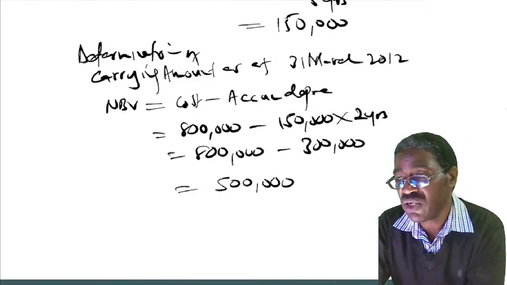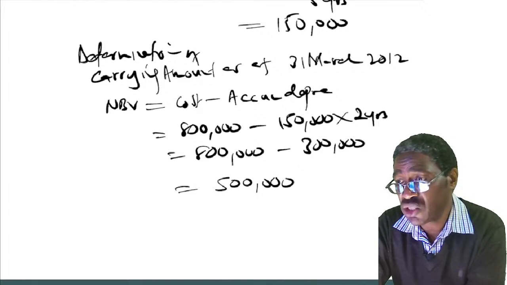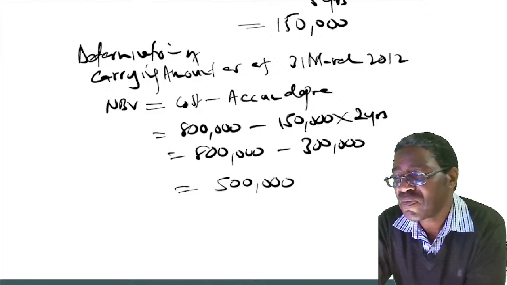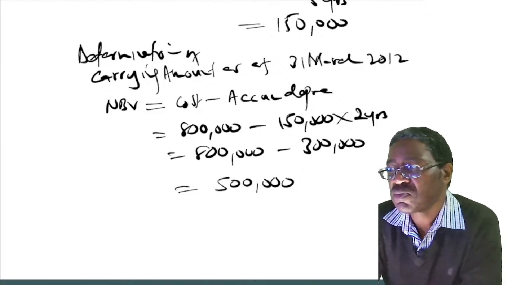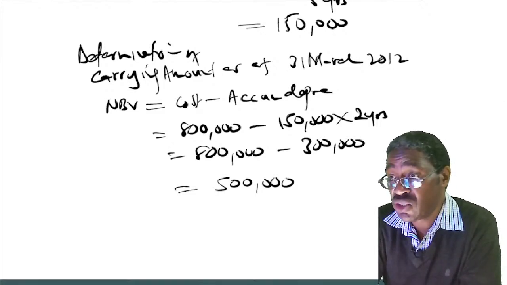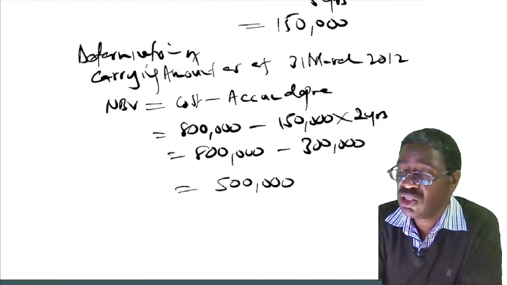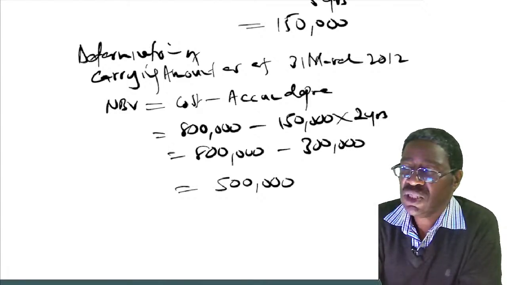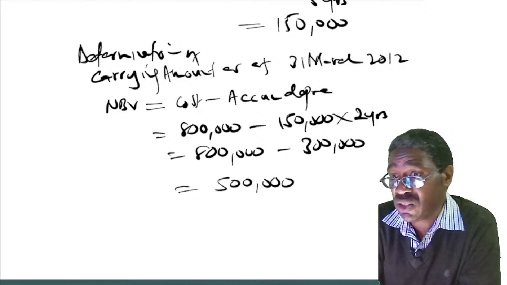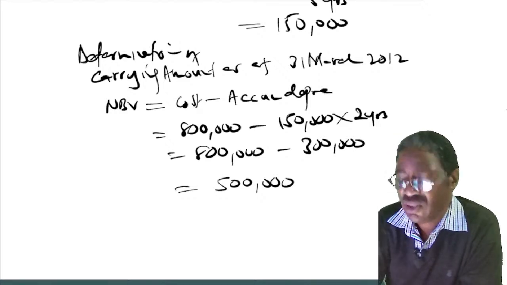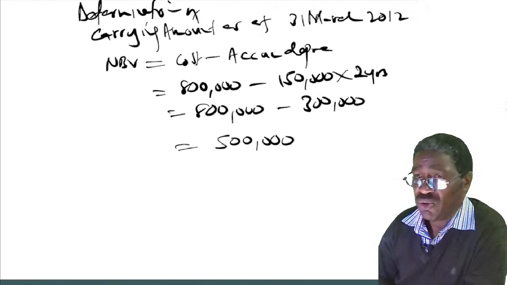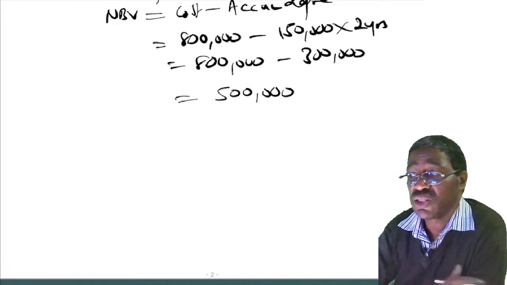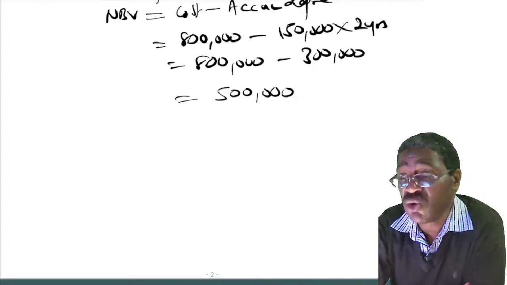What remains now is to get the net realizable value and to get the value in use, so that we compare the two and get the recoverable amount. Now, I hope you still remember, we have been told the asset cannot be sold.